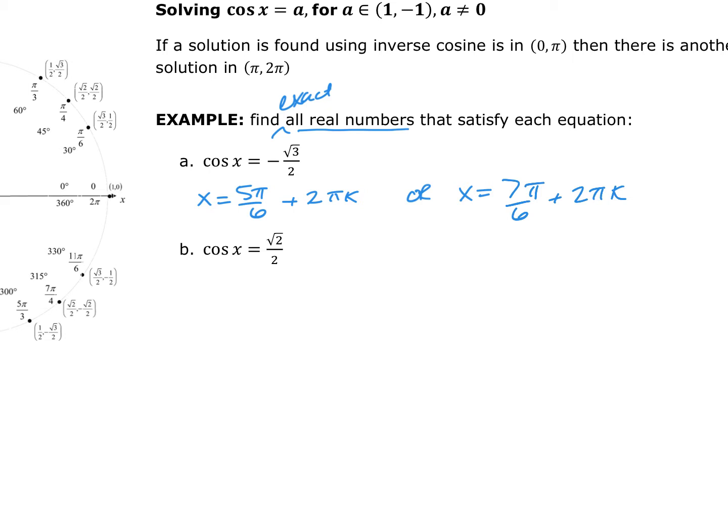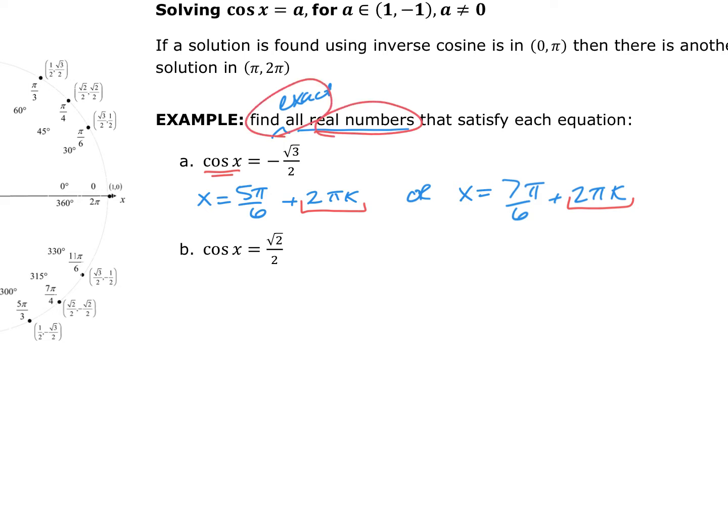Well, cosine has a period of 2 pi, and so any angle that is coterminal to 5 pi over 6 or 7 pi over 6 is going to satisfy the cosine of x equal to negative square root of 3 over 2. So I have to add that on because they want all real numbers.